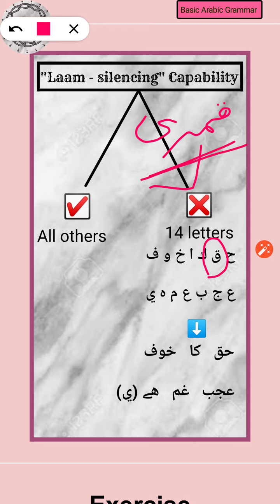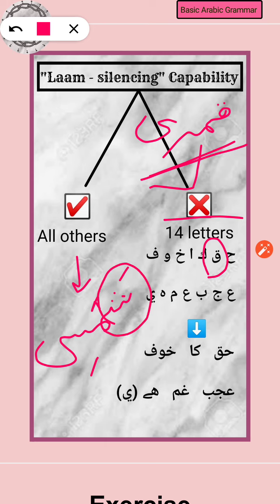On the other hand, this group is called the Shamsi group. Shams means sun, and that is because they have taken sheen as the standard letter to represent this group.